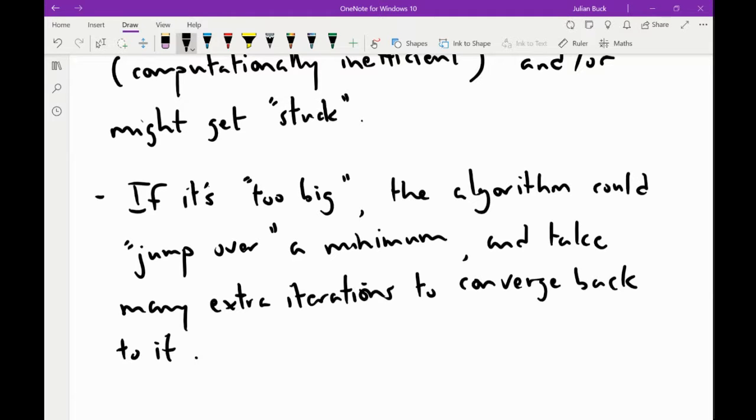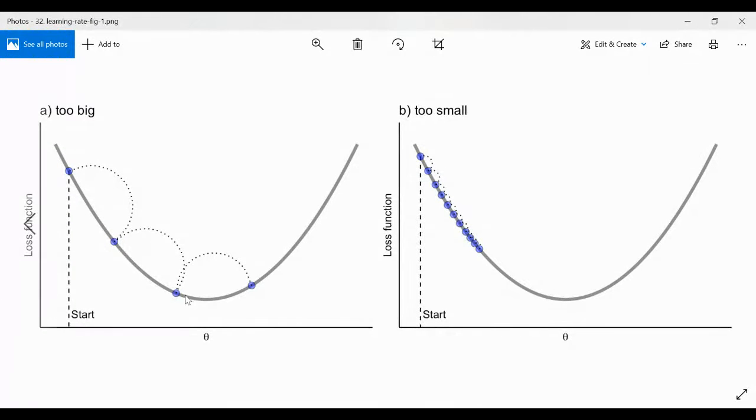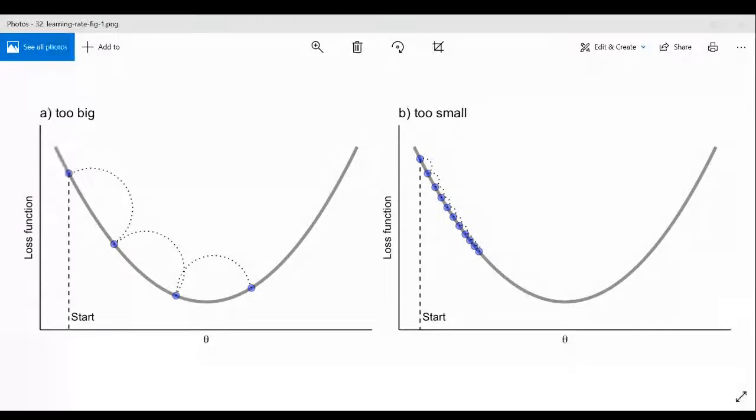Here's what that would look like. Two possibilities. On the left, we have too big, right? Make big jumps, and then we pass the minimum. Now at this point, you're not going to go back up the curve, right? You are going to descend, but then you might jump back again to near where you were before, and you might ping pong back and forth until eventually it does reach the minimum.